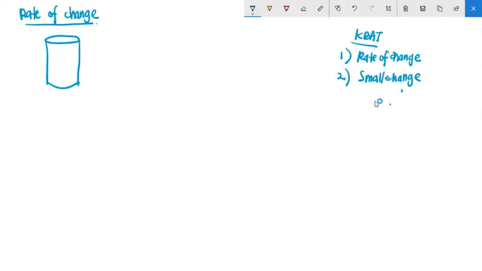So, kena banyak practice on this topic, rate of change and small change. Okay. So, rate of change. First, if rate is all about dt.